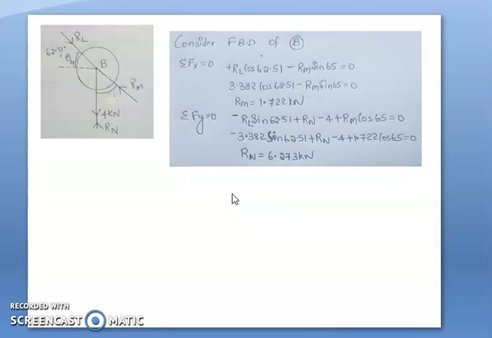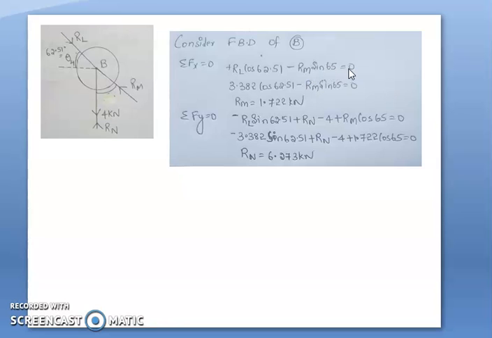And coming to the last, that is the free body diagram of B. Again, there are 4 forces. I cannot apply Lami's theorem. I should apply the summation Fx equal to 0, summation Fy equal to 0 equations of equilibrium. Applying summation Fx equal to 0, it will be RL cos 62.51 minus RM sin 65 equal to 0.